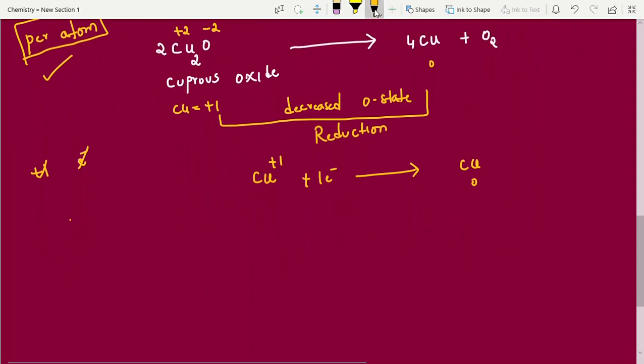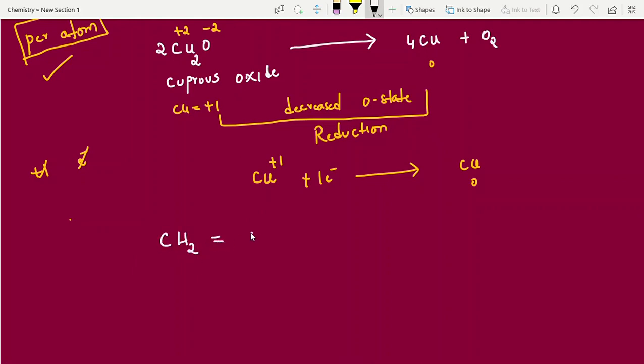To understand this one, I am giving one example here. Try to understand. See, alkenes. Most of the students know alkenes, right? This is ethene, the simplest alkene, olefin. Here I am adding hydrogen in the presence of a catalyst, either nickel, palladium, or platinum.